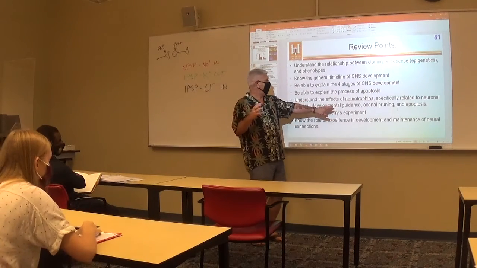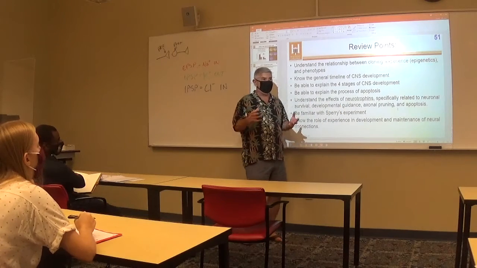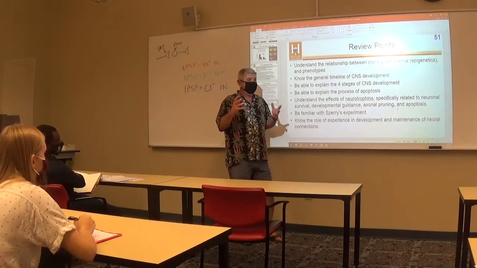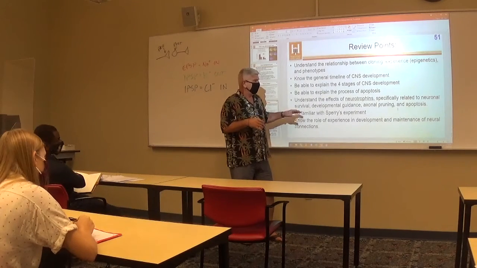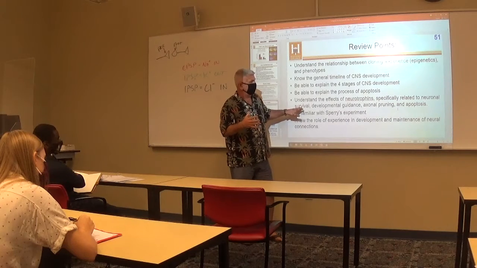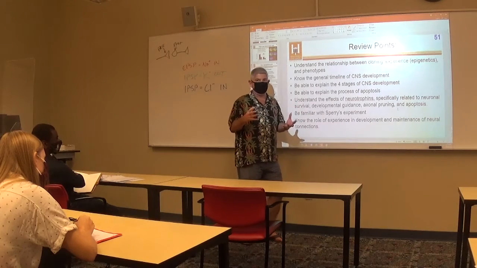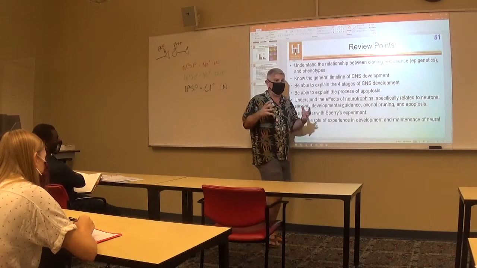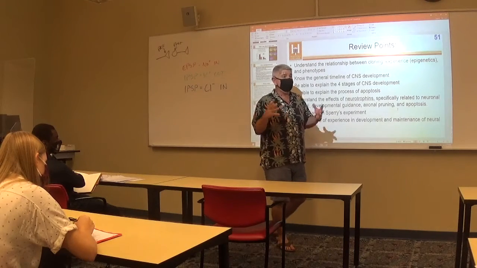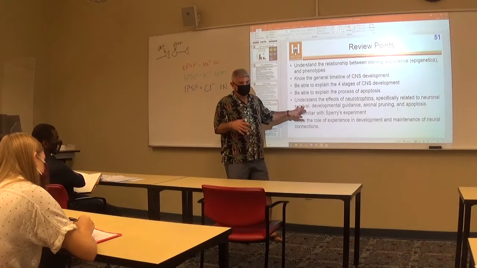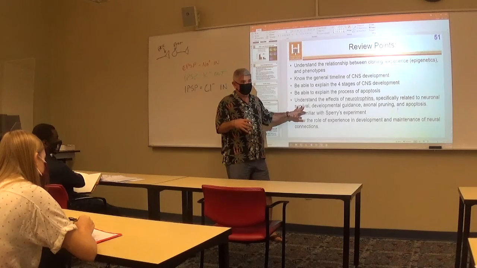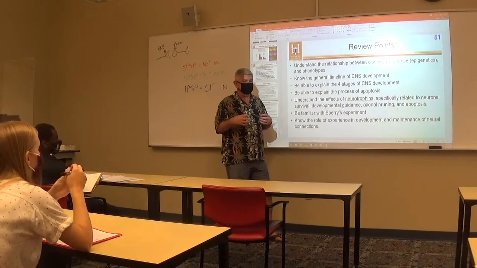Okay? When it gets to the right place, it differentiates, right? And the neurotrophins are what causes it to differentiate into the type of neuron that it needs to be, and if it does that correctly, then it's going to survive based on the interaction with the neurotrophins.